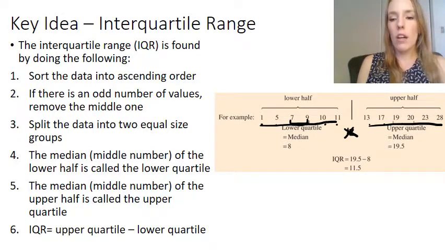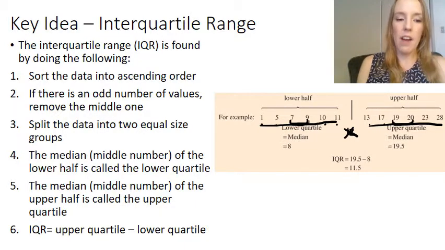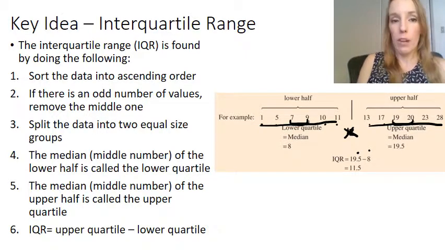The upper quartile is just the median of the upper half, which is the mean of 19 and 20, which is 19.5. The last thing is the interquartile range, which is our upper quartile, 19.5, subtract our lower quartile, 8, giving us an interquartile range of 11.5.